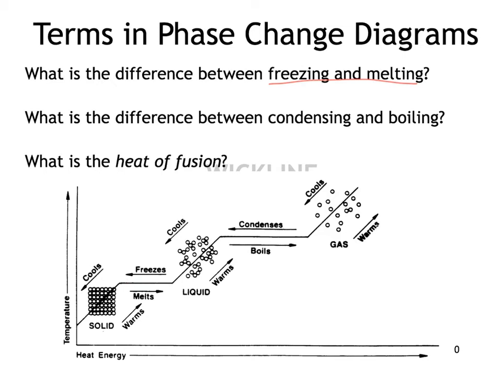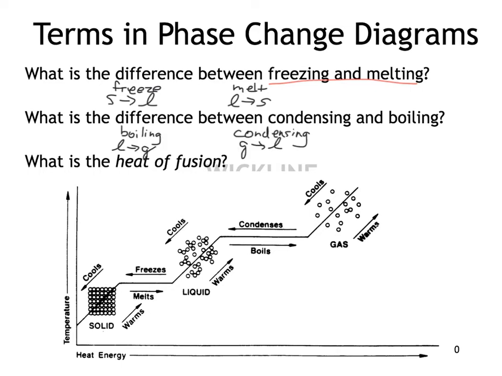And if I want to go from solids up to liquids, I have to pass through melting to get there. But there really is no difference between freezing and melting. They actually are the same thing, they're just two different directions. Additionally, the difference between condensing and boiling is really not much of a difference. It's just a directionality issue.